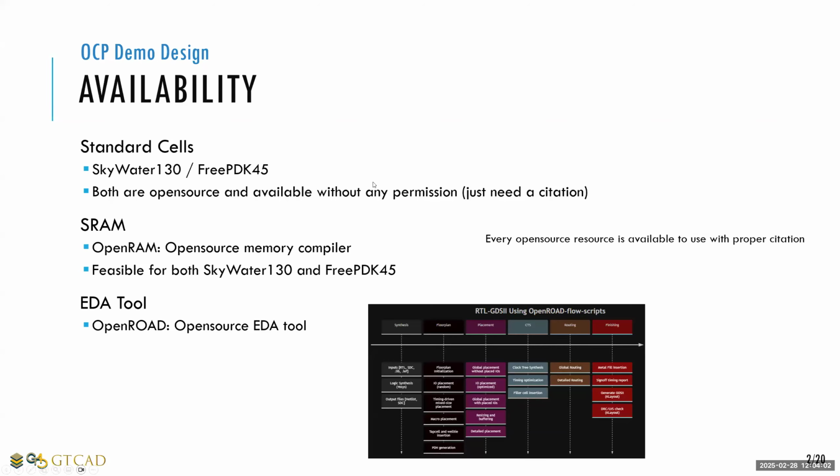So I investigated some available open source PDKs and summarized them on these slides. I took a look into the SkyWater PDK and FreePDK, and both are open source and available without any permission. We just need to cite the GitHub page. For CPU design, we also need SRAM cells, right?